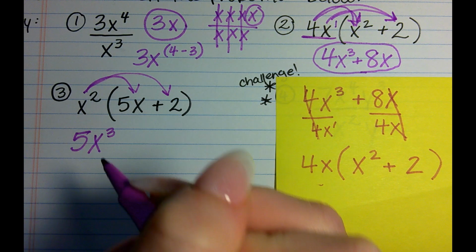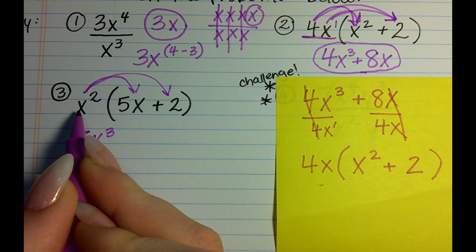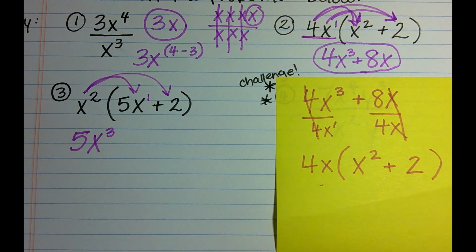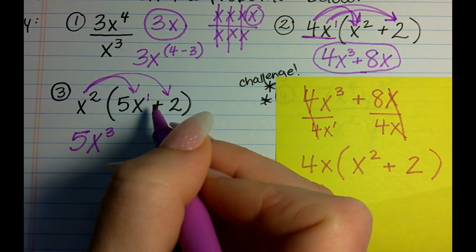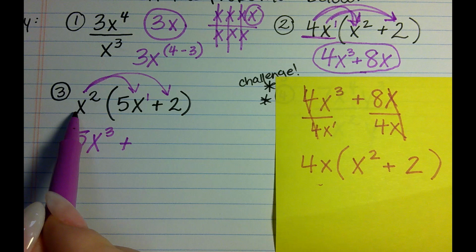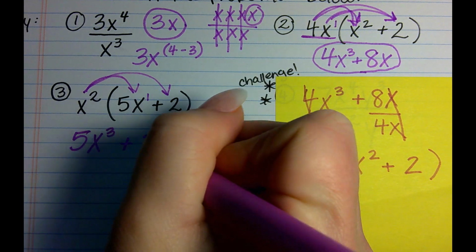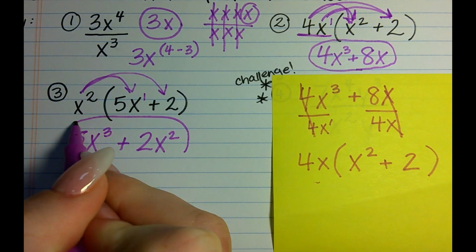We just brought the 5 down, and I know x squared times x, this is a 1, gives us 2 plus 1 is 3. Okay, so we've got 5x to the third for my first term. I'll bring down my plus sign. Now I have 2 and x to the second power. 2x to the second power. That is our answer.